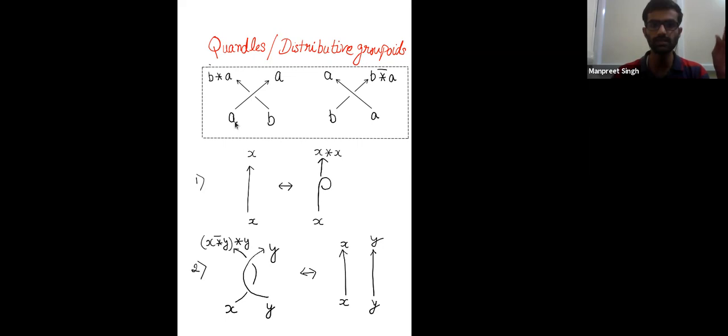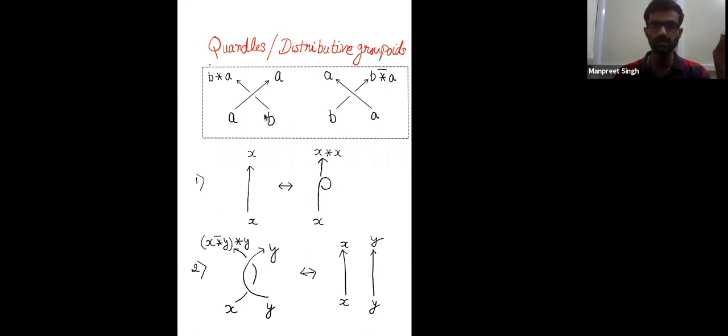Suppose we are taking elements from the set X, say A and B, and we define the rule for how the overarcs act over the underarcs. Suppose we have an underarc labeled B and we label the overarc with label A. Then we define the outcoming arc as B star A, and if the crossing looks like this, then we define it as B star inverse A.